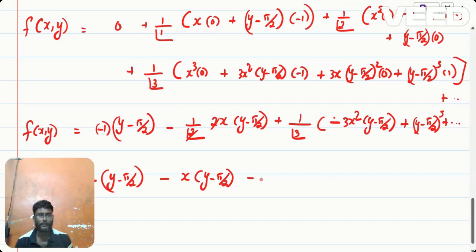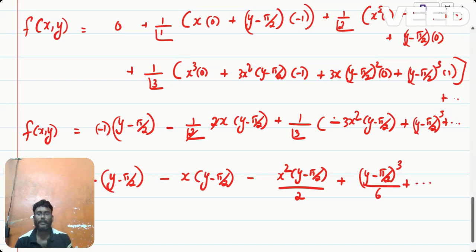So minus 3 factorial. So x square y minus pi by 2 divided by 2 plus y minus pi by 2 the whole cube by 6, 3 factorial plus so this is my final answer.